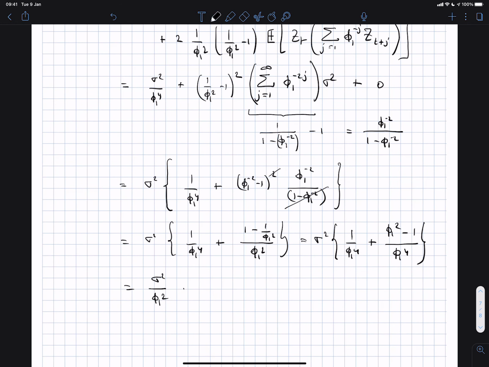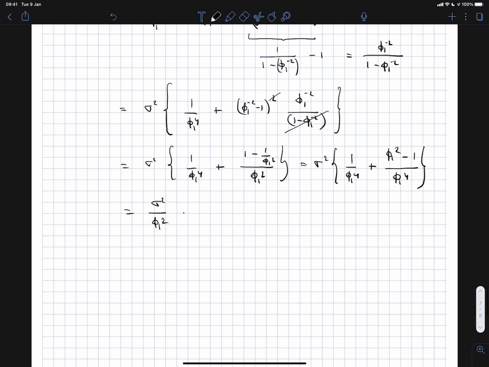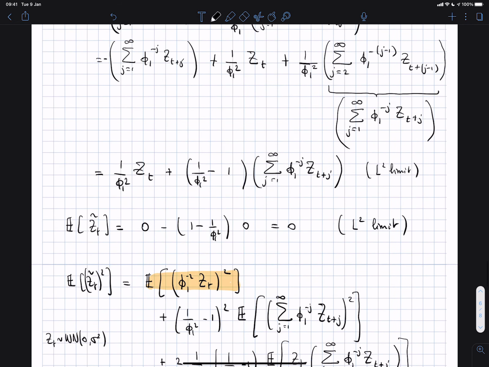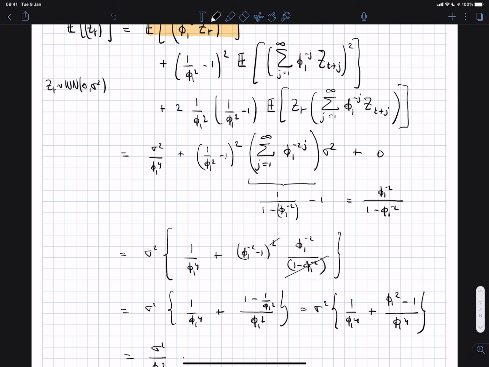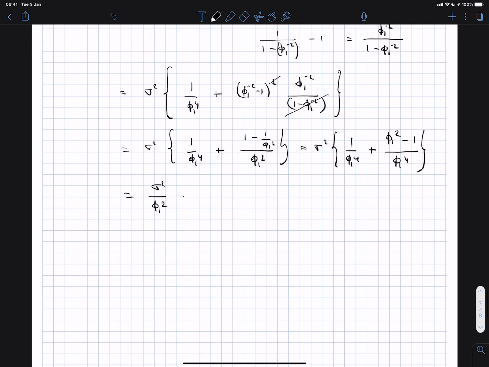Guys, it's already 3:15. I will leave you the next part as an exercise because it's still quite long. I have 1.5 pages with this, and I'm guessing it's not very useful for you to see me do these computations. So I leave it as an exercise to compute the expectation of zt tilde times zt plus h tilde.